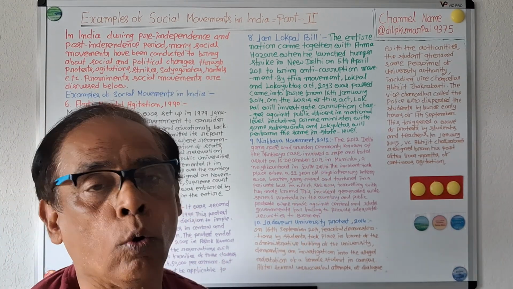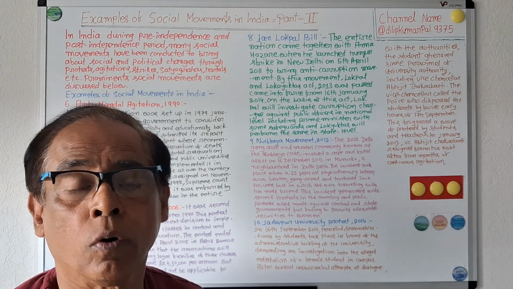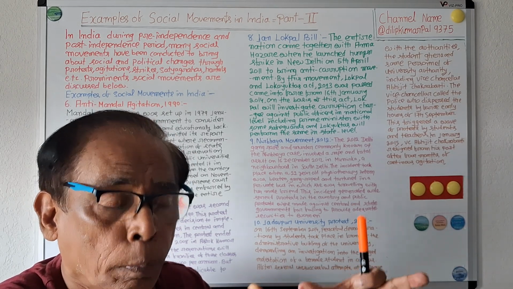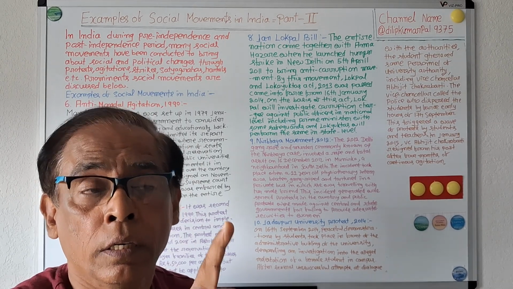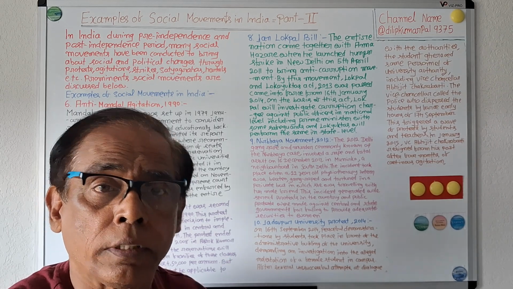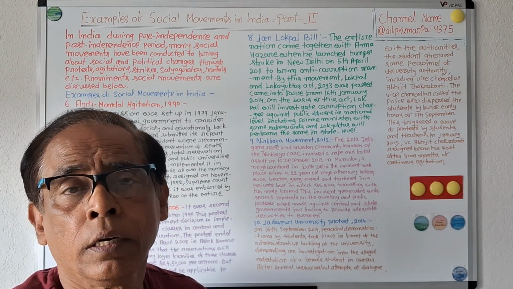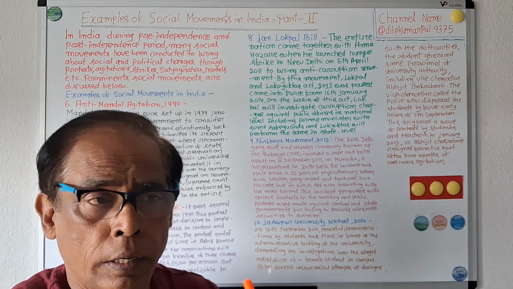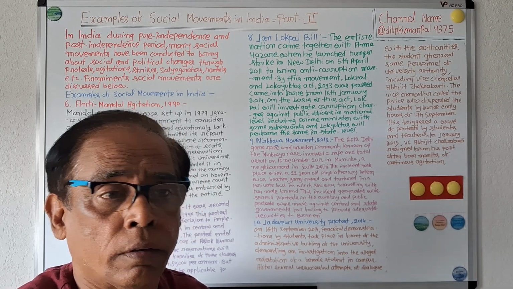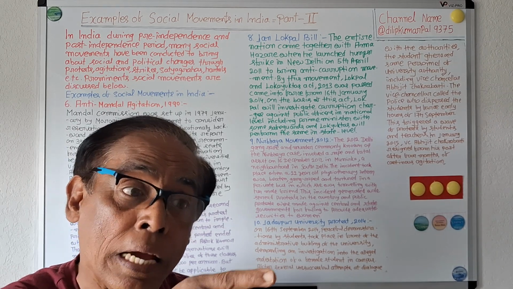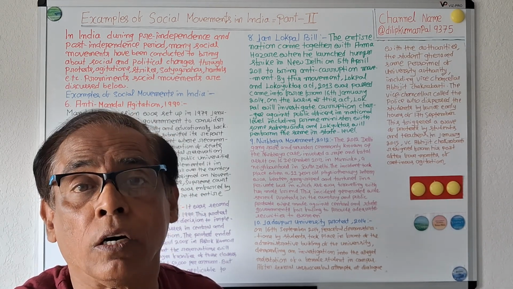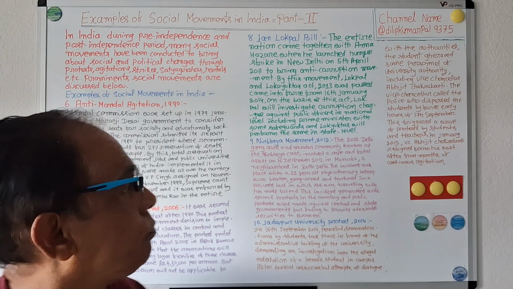Against the Prime Minister, anti-corruption charges will be made with some safeguards, and Lokayukta will investigate corruption charges against state public officers in the state. This is the third one.